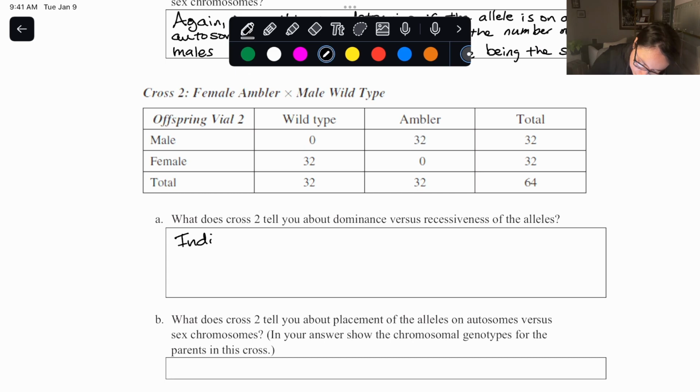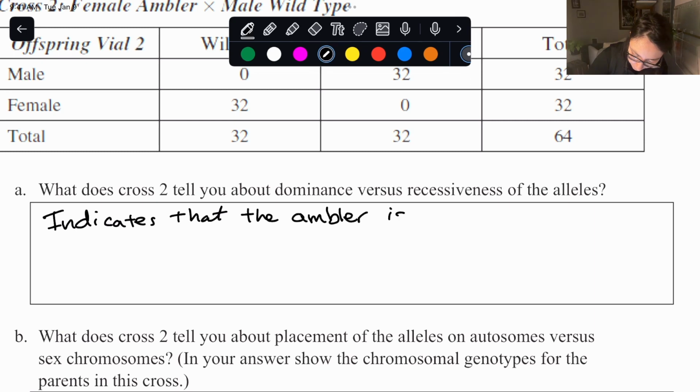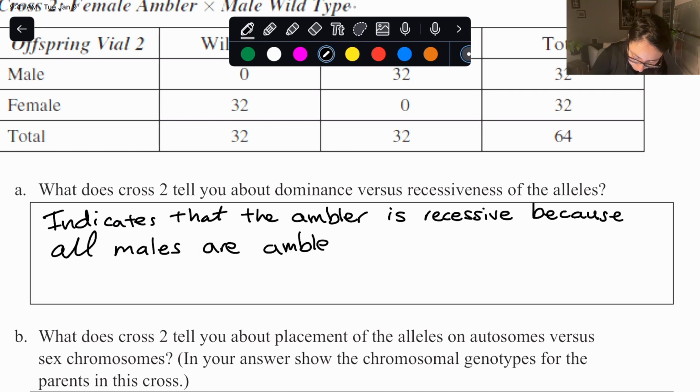Indicates, and I just want to zoom in because it's just easier for me, indicates that the Ambler is recessive because all males are Ambler and all females are wild type.